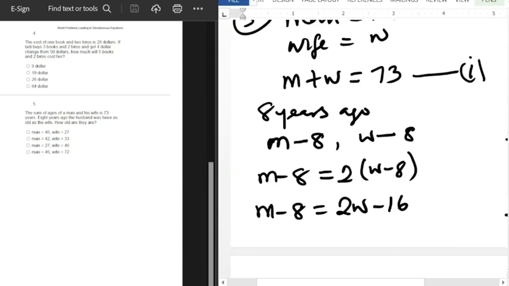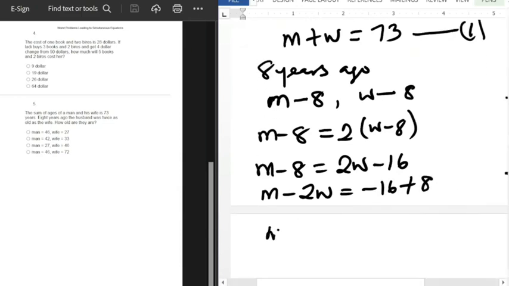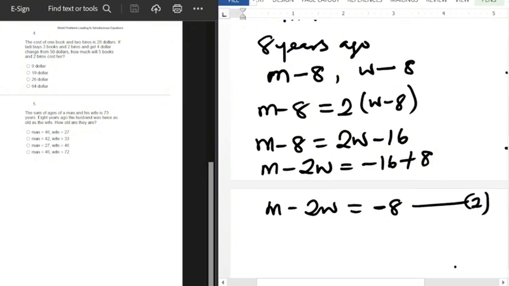We can bring everything together to be M minus 2W equals minus 16 plus 8. That will give us M minus 2W equals minus 8. This is equation 2.